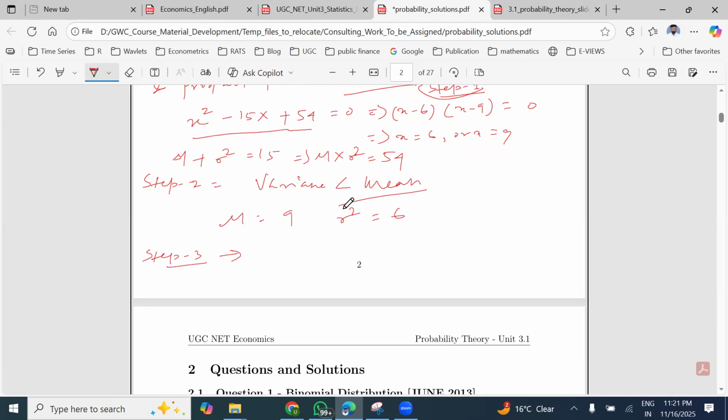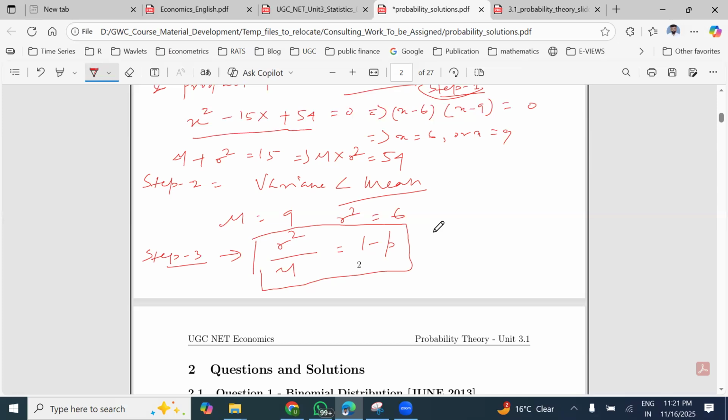Basically, sigma square, the variance, upon mu is equal to 1 minus p. This is a ratio formula which we use, and you have to remember it if possible, or it will be difficult to answer.